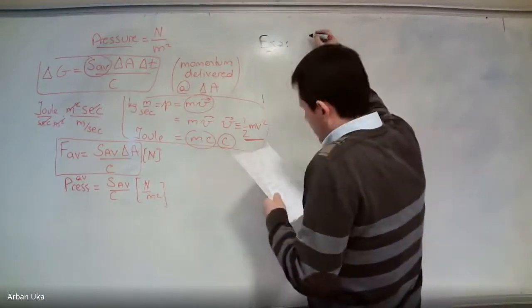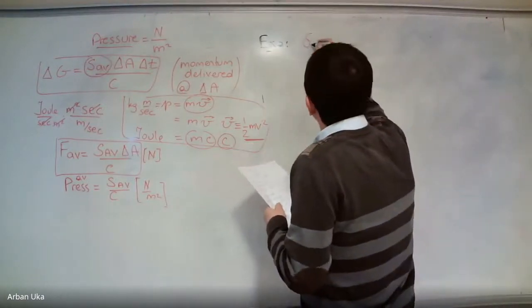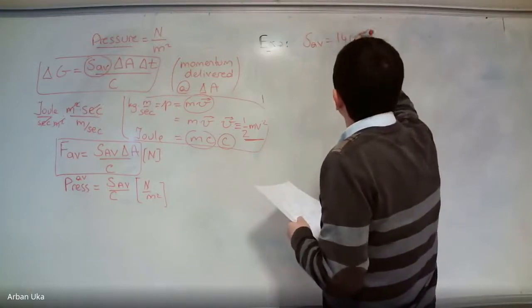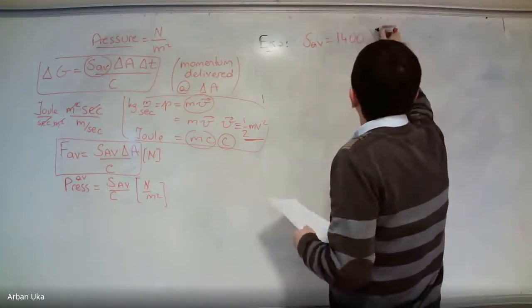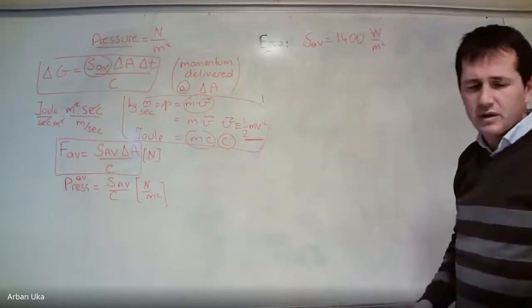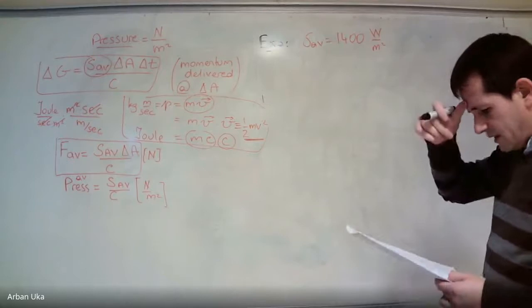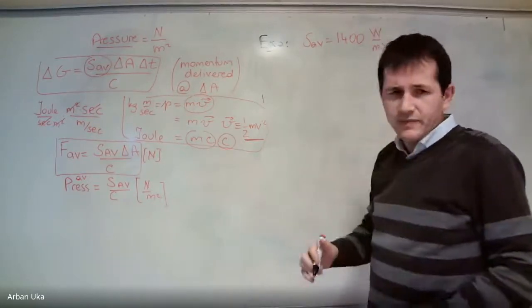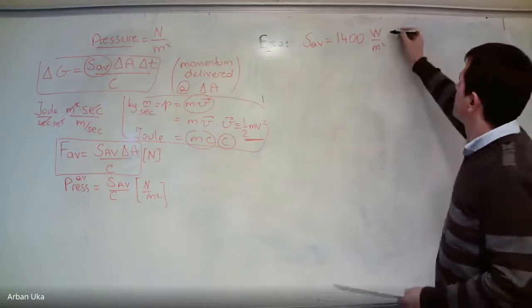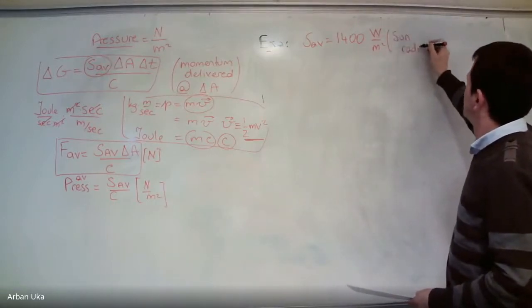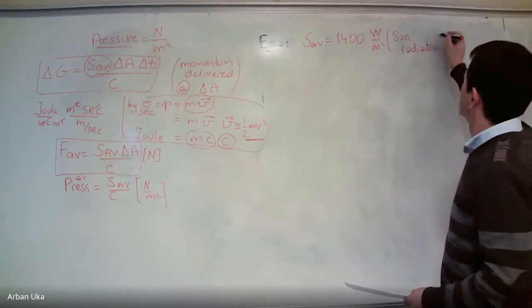So if we have radiation with time average power density of around 1400 watt per meter square, and this is actually the sun radiation, the sun, the star of our solar system. Let's try this one, sun radiation.